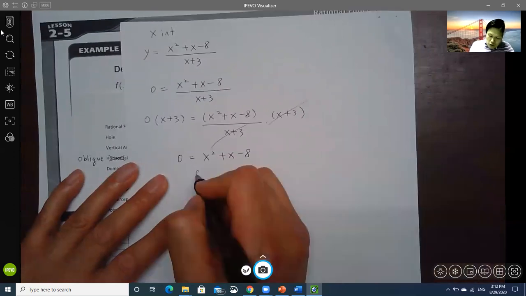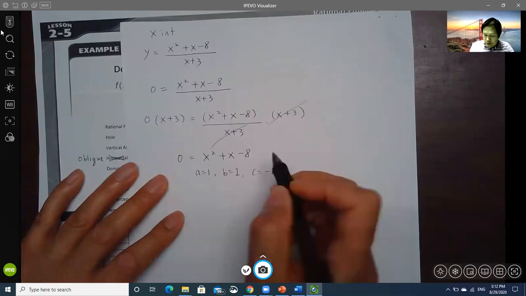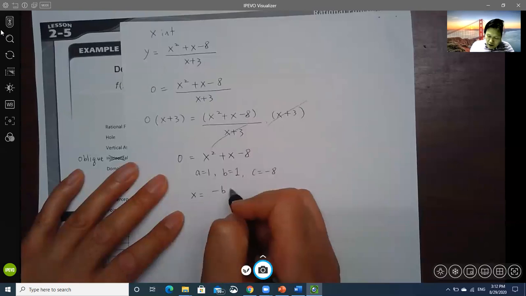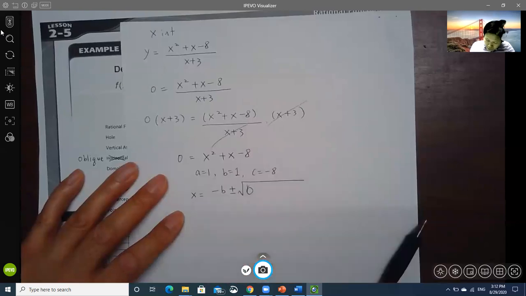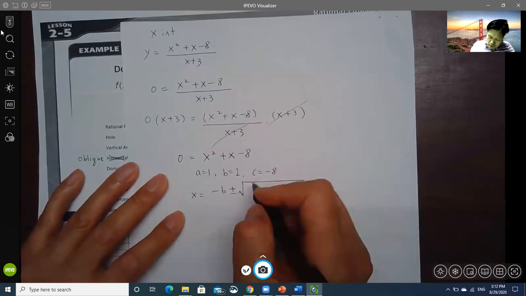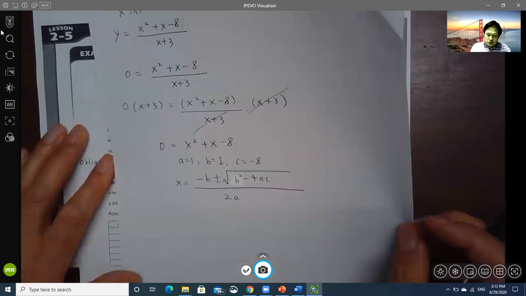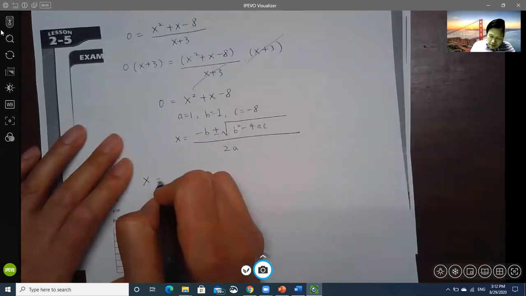A equal to 1, B equal to 1, C equal to minus 8. x equal to minus B plus or minus the square root of B squared minus 4AC all over 2 times A. You have to use the quadratic formula. More work, but it's not that bad.